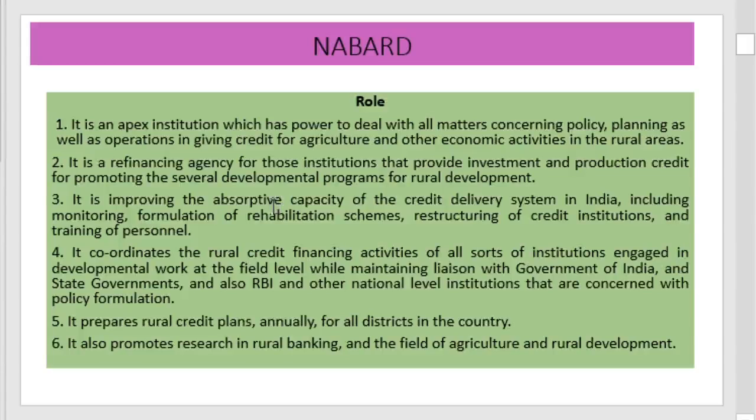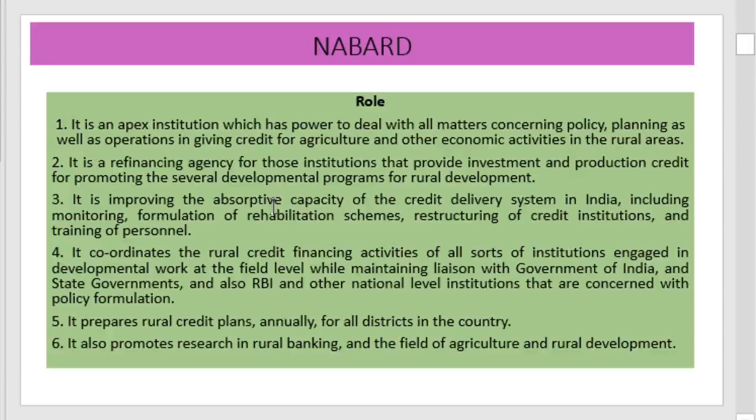The first role is that it is an apex institution which deals with all matters concerning policy, planning, and operation of giving credit to agriculture and economic activities in the rural area. Second, it is a refinancing agency. It provides refinancing facilities to those institutions which provide investment credit and production credit for promoting development programs for rural development.